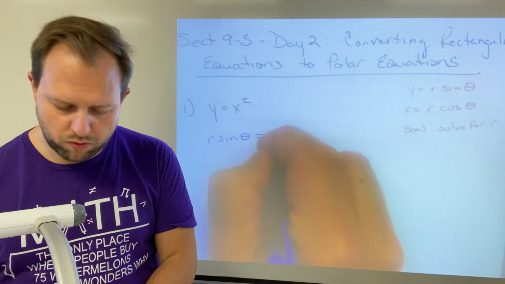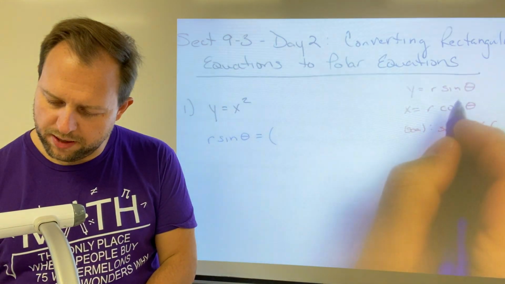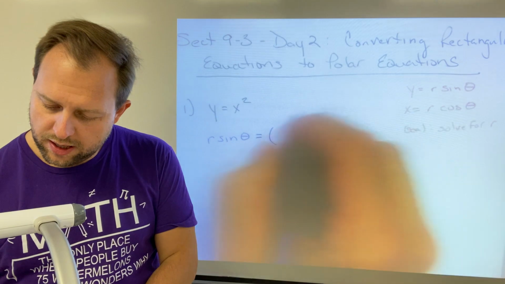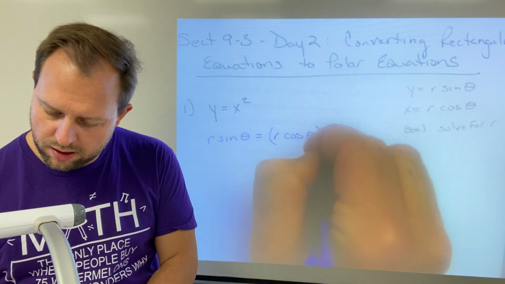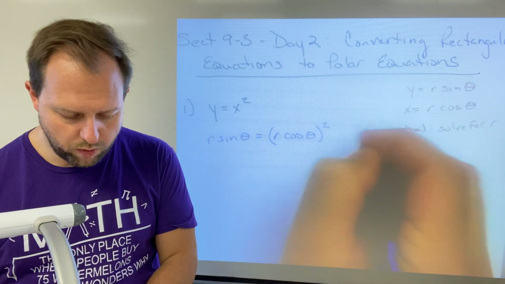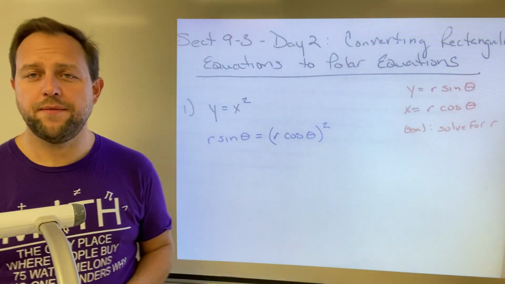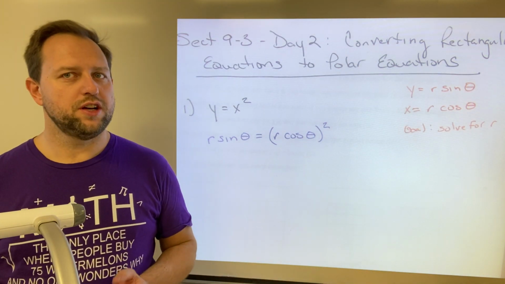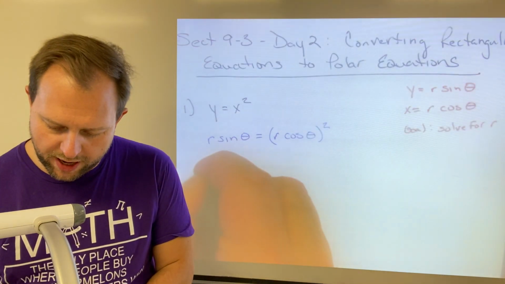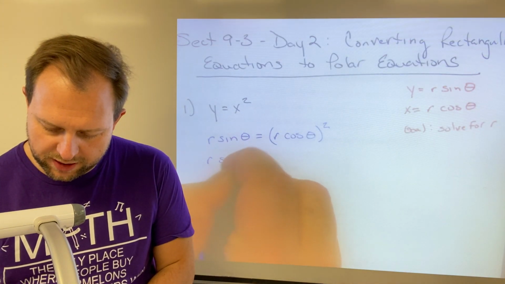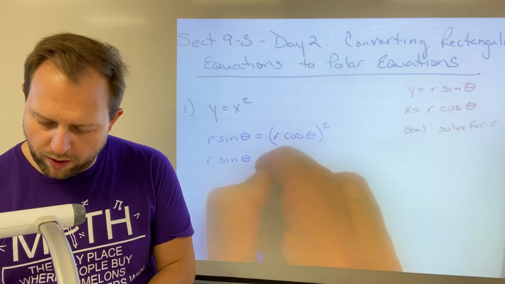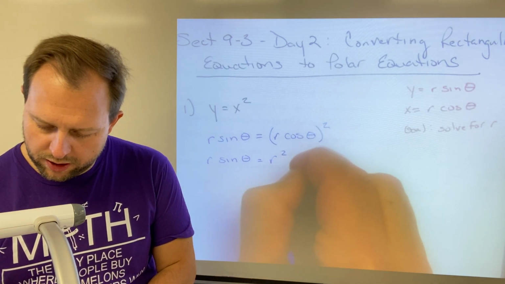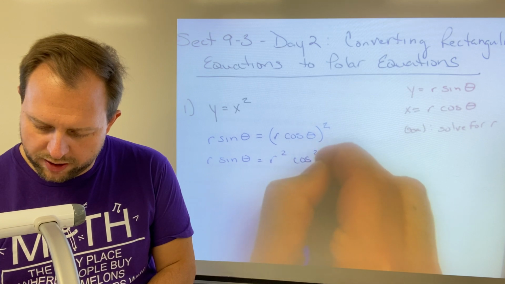And for the x squared, we are going to be putting in, for the x, r cosine theta, and it's squared. Okay? And we're just going to manipulate it a little bit. So we have r sine theta equals, get rid of the parentheses, r squared cosine squared theta.